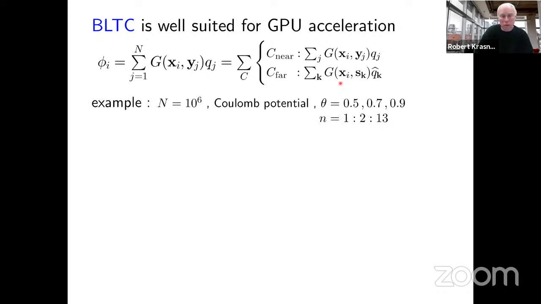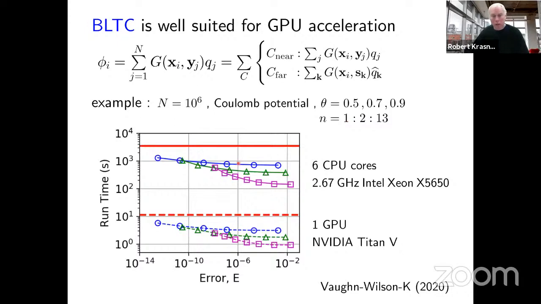Here's an example with a million particles interacting by the Coulomb potential. Our theta parameter, this is the degree of the barycentric Lagrange interpolation. So we compare the runtime as a function of the error in computing the Coulomb potential, the phi i's.